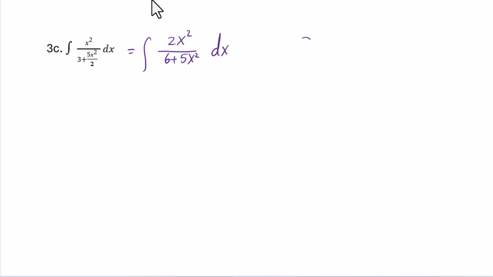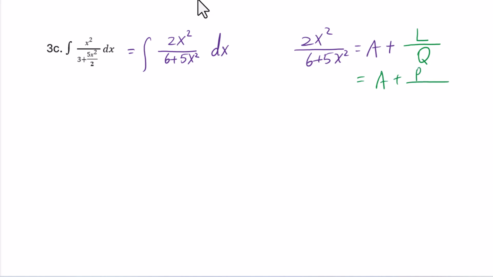Quadratic over quadratic, we will change this into a plus linear over quadratic, which means a plus bx plus c over 6 plus 5x squared. We know this a equals the quotient of the coefficients of x squared, 2 over 5.